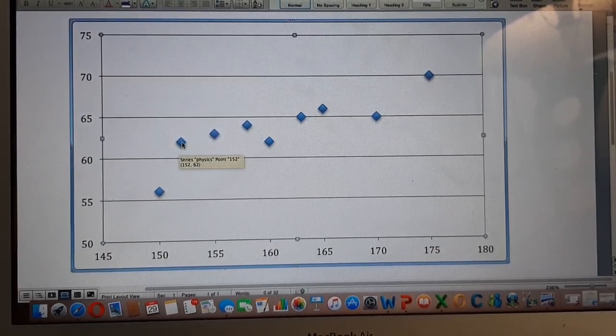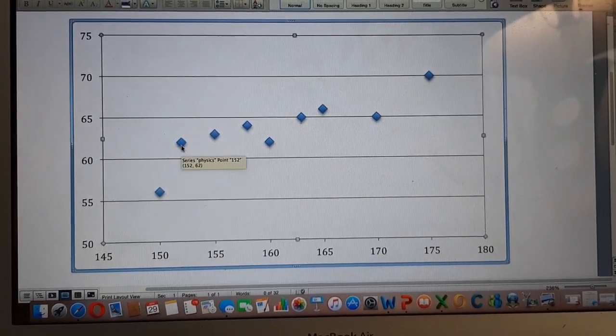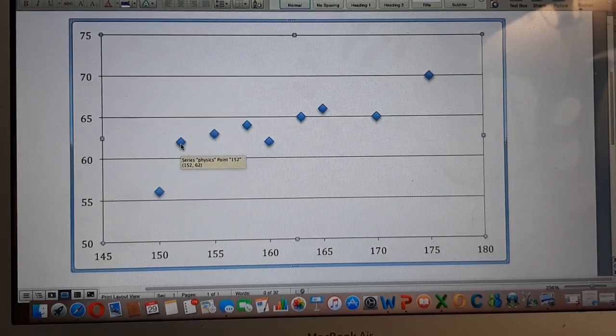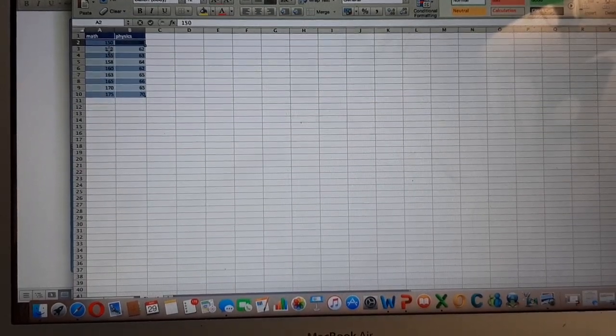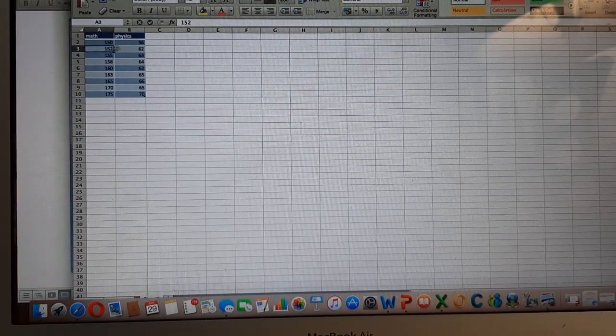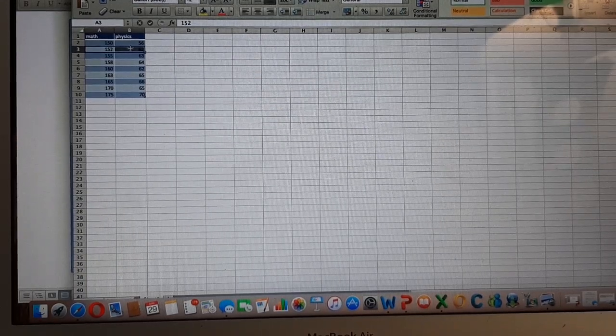Now 56 marks in physics, the y-axis is for physics, and 150 for maths. Similarly, you can plot the next point. This point is when you have 152 marks in maths, the x-axis is for maths, and when you have 152 in maths, you have 62 in physics from this table. Suppose this was test number 2.